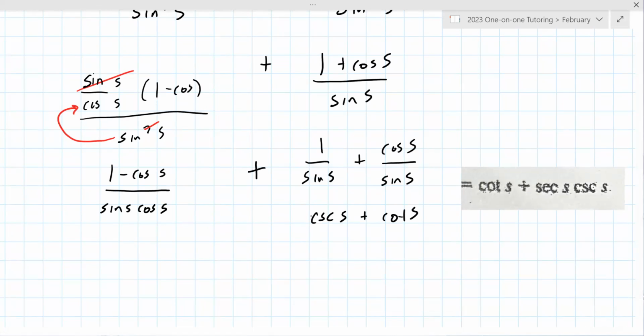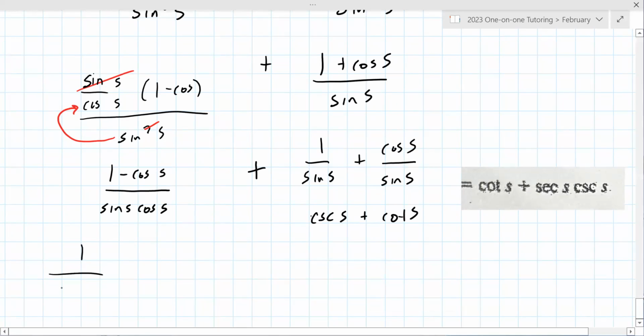So this would become 1 over sine s minus cosine s over cosine s. You split, the thing on the bottom has to be given out to both. Oh, okay. But that gets you really close. You're so close here.